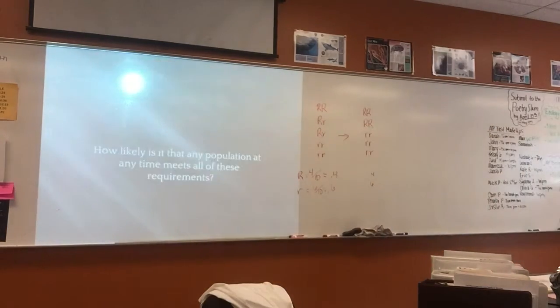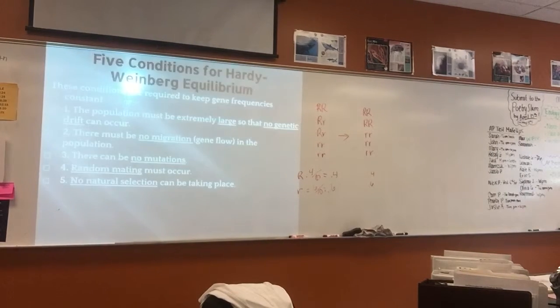All right. So, this brings me right to my point: how likely is it that most populations in the wild meet all of these requirements all of the time simultaneously? Not very likely.